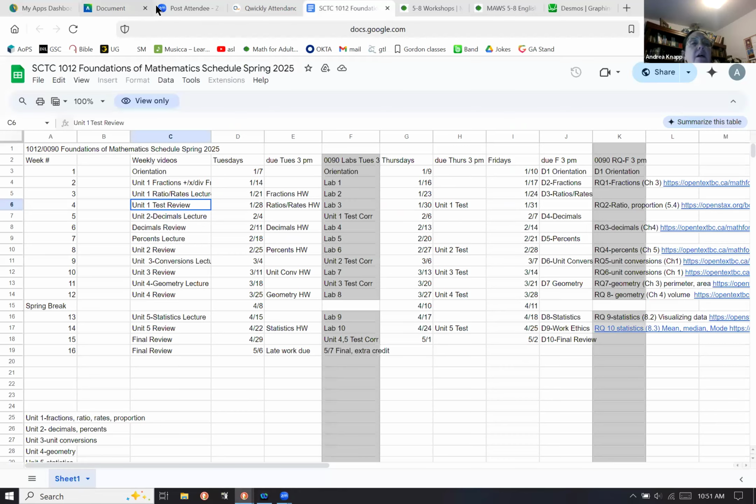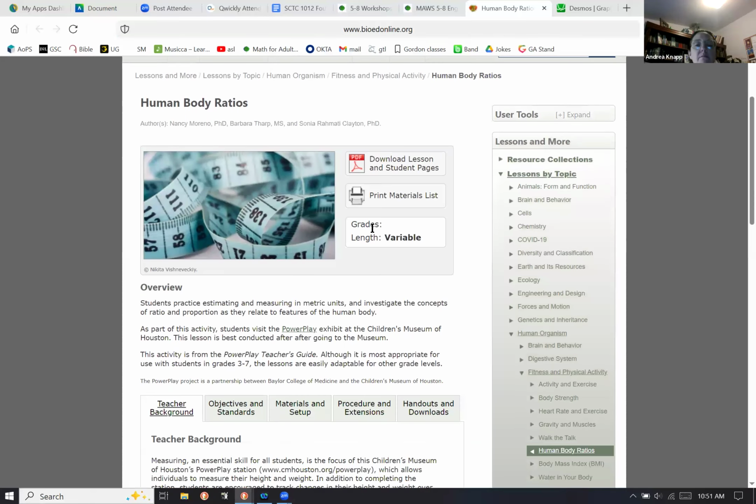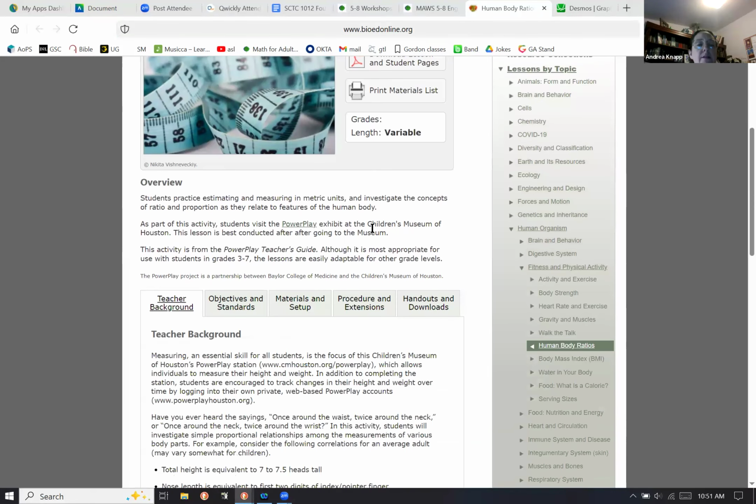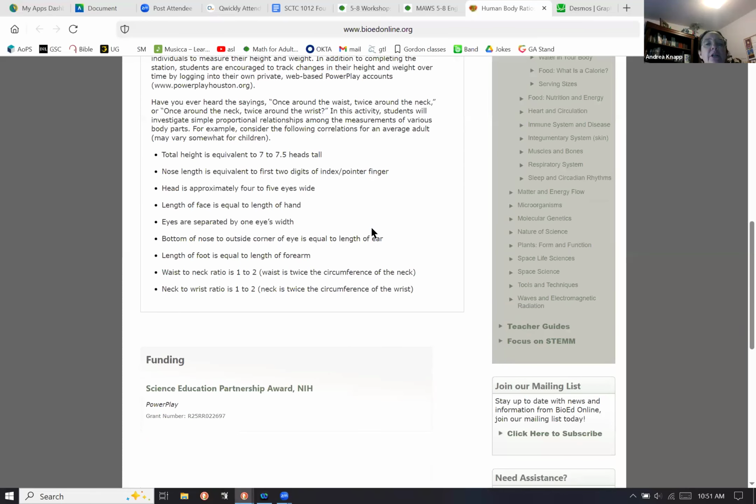Now I'll go back to another interesting website that gives body ratios. It's here. This just gives some interesting human body ratios.